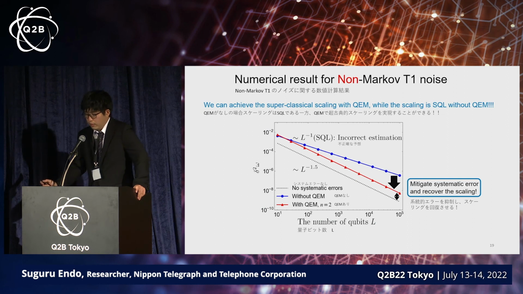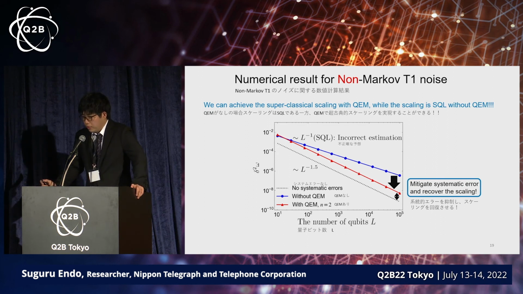And we verified that virtual distillation can improve the scaling of the quantum methodology. The horizontal axis is the number of the qubit L, and the vertical axis is accuracy. And again, the lower the better. And in the presence of the systematic errors due to some non-Markov T1 noise, the scaling of the accuracy becomes the classical one, which is totally useless.